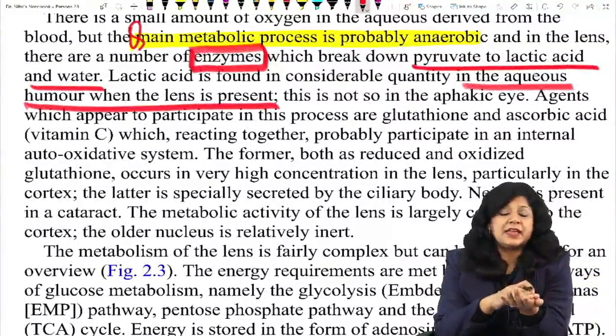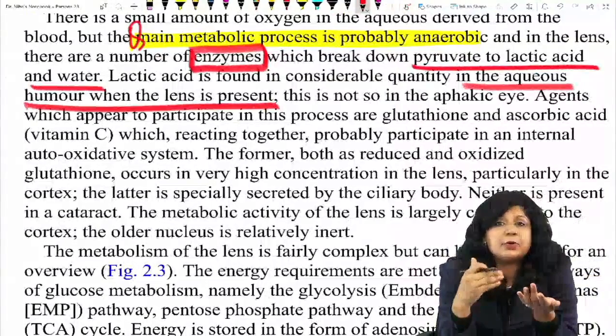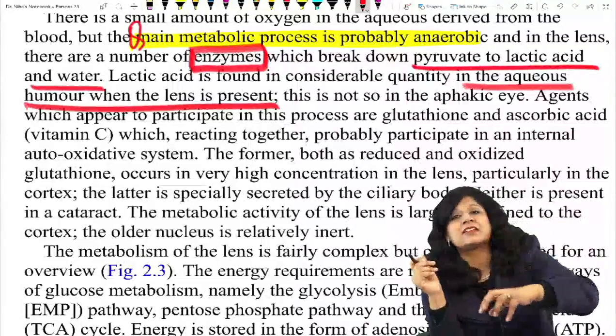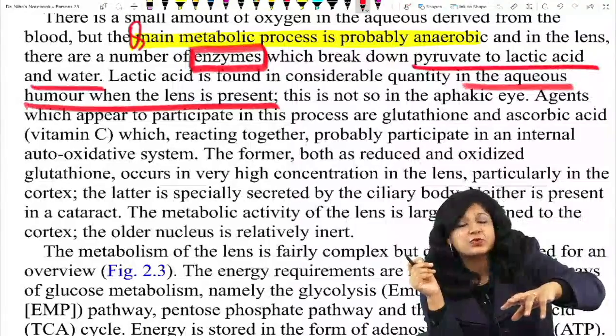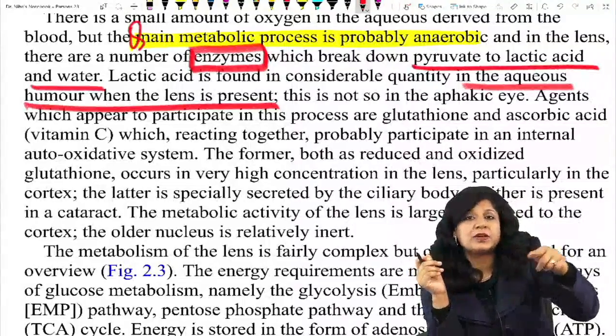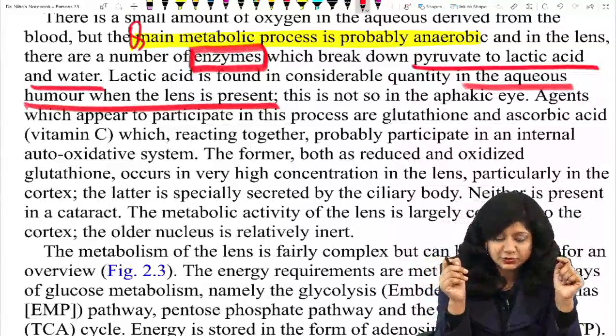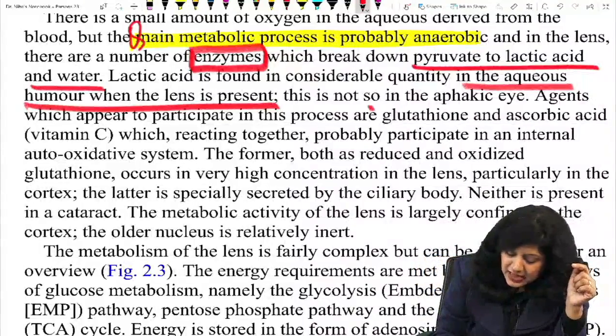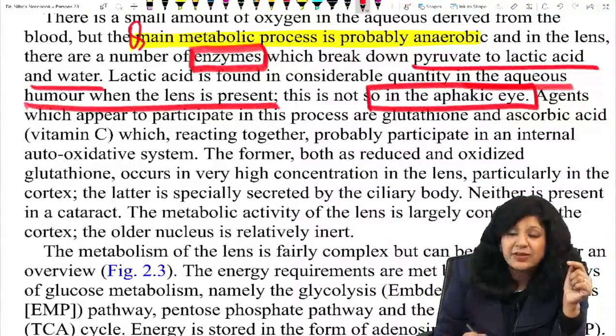Why? A continuous metabolic activity is going on in the lens and it is forming the lactic acid. That lactic acid diffuses into the aqueous humor because we have a semi-permeable capsule, and from this aqueous humor the lens is indirectly getting the nutrition. So that means it will not take place in the aphakic eye.